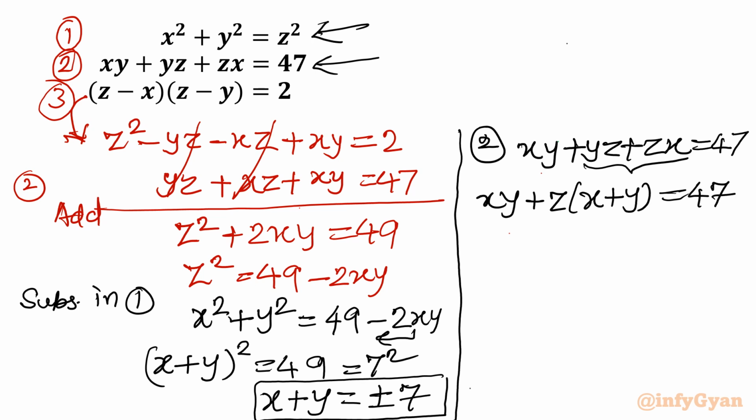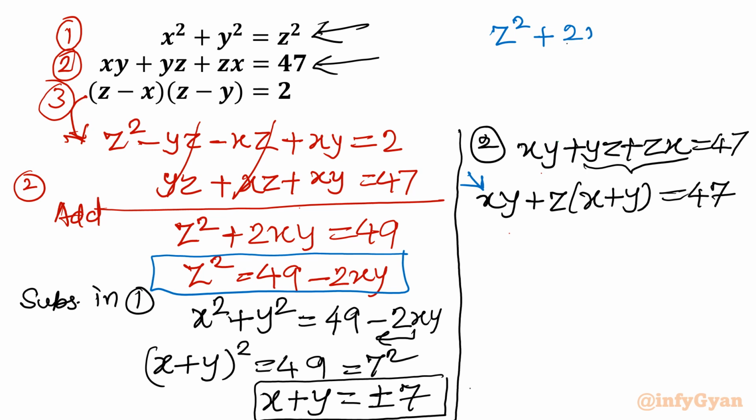Now if I substitute x + y = ±7, it is not going to solve. So for xy, I will calculate the value from z² + 2xy = 49.